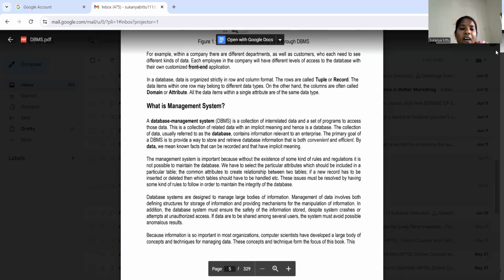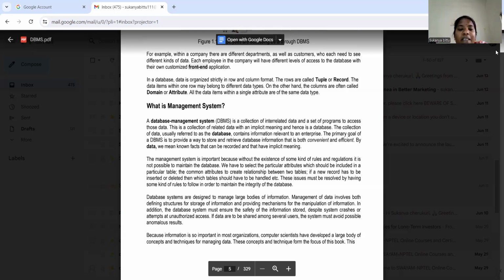The collection of data, usually referred to as the database, contains information relevant to an enterprise. The primary goal of a DBMS is to provide a way to store and retrieve database information that is both convenient and efficient. By data, we mean known facts that can be recorded and that have implicit meaning.